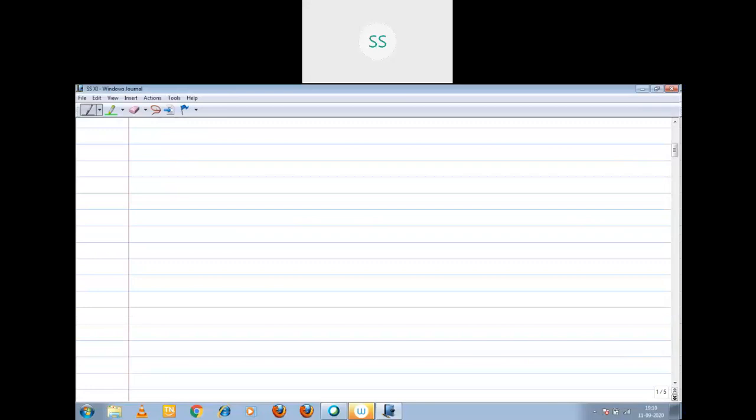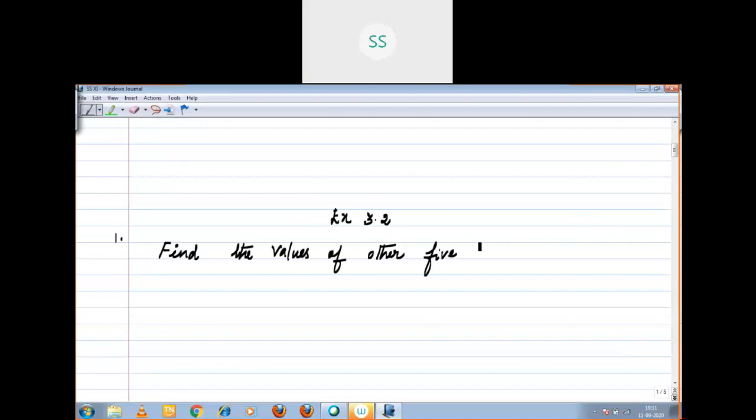Exercise 3.2, question number 1: find the values of the other five trigonometric functions, right?